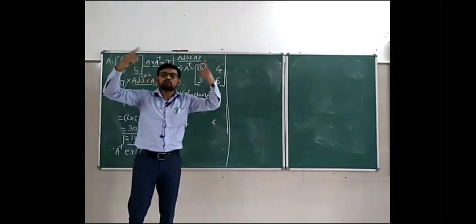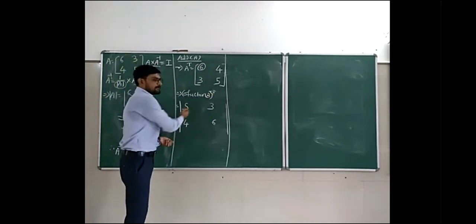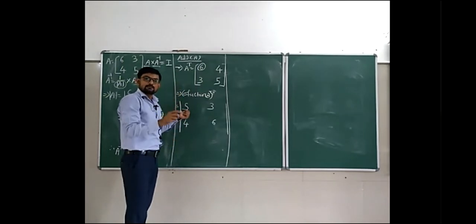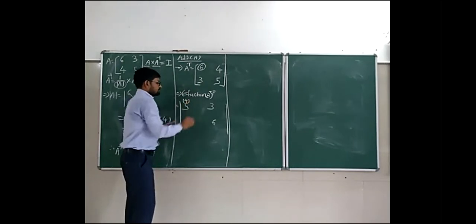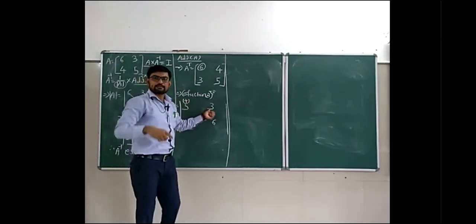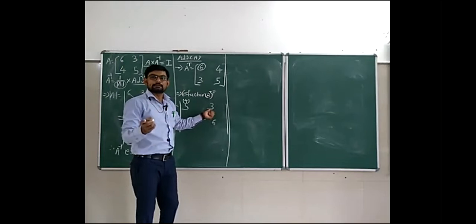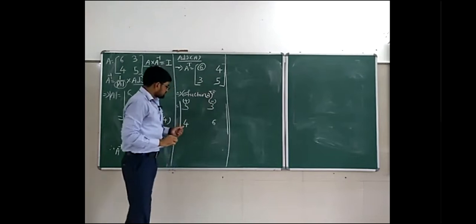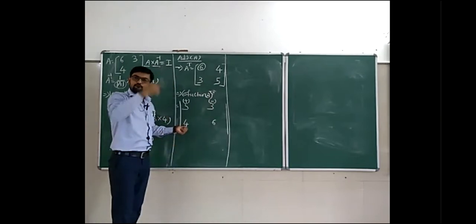And write them down between two parallel lines. Now give them signs. This is the element of first row, first column. So 1 plus 1, 2. It is an even number, so use plus sign. This is the element of first row, second column. 1 plus 2, 3. Odd number, use negative sign. This is the element of second row, first column.